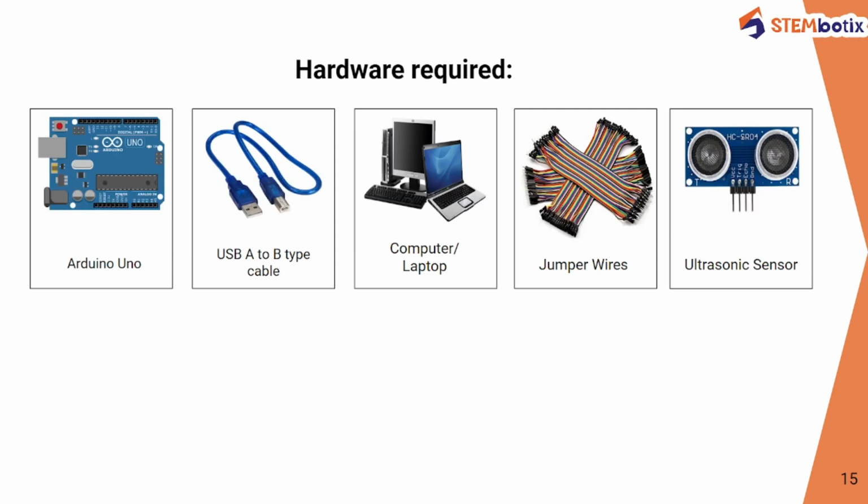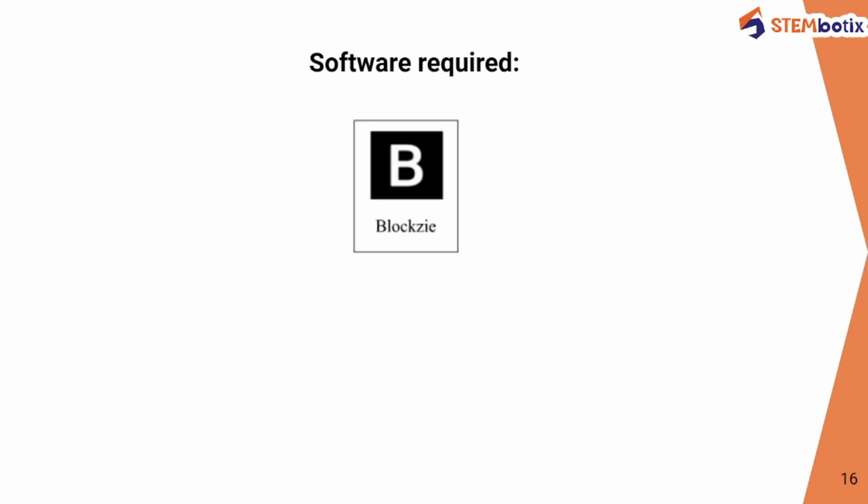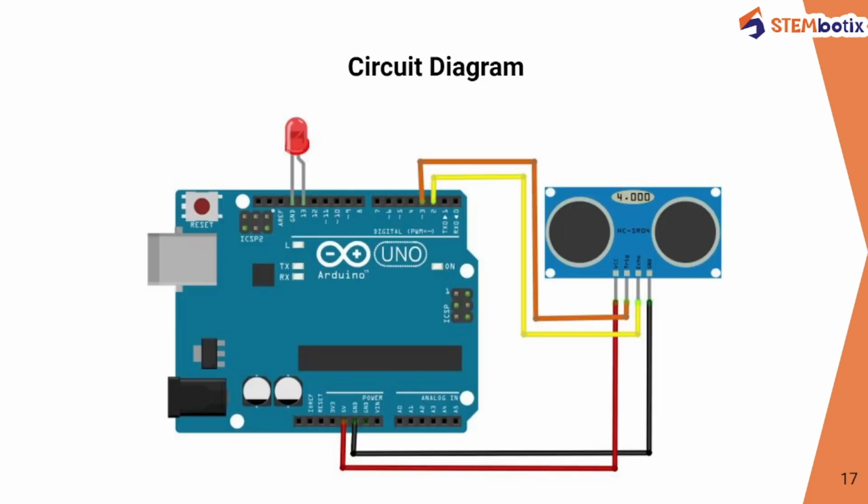So the hardware required to build the circuit is an Arduino Uno board, a USB A to B type cable, a computer or laptop, a few jumper wires, and one ultrasonic sensor. And the software required is Blockzie. So this is the circuit diagram for the ultrasonic sensor connection with Arduino Uno.